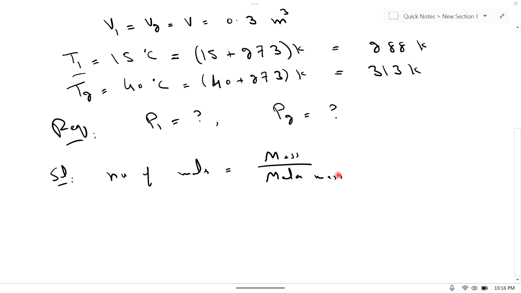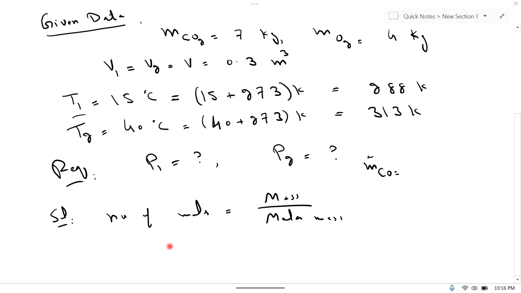Mass of carbon monoxide and oxygen is given to us, and molar mass is denoted by M dash. This is carbon monoxide.